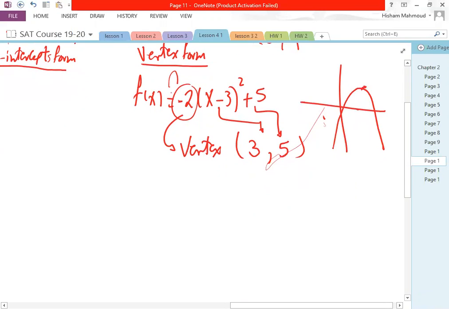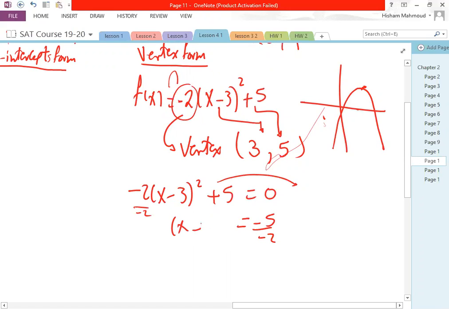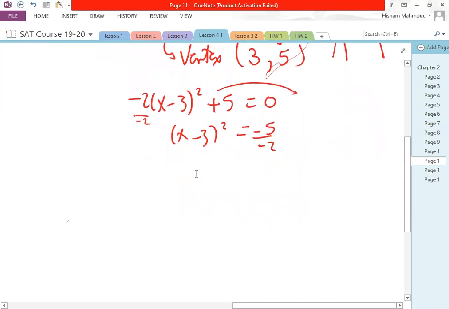But what if I want to find the intersection point with the x-axis? I set the equation equal to 0, move the positive 5 to the other side, and then divide both sides by negative 2. So (x minus 3) squared is equal to 5 over 2.